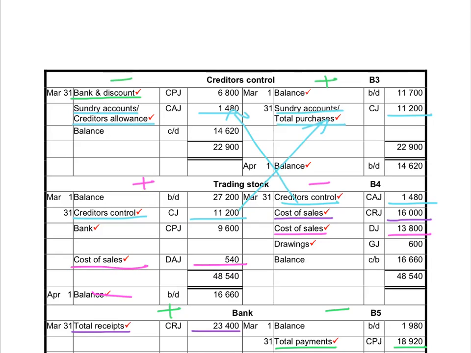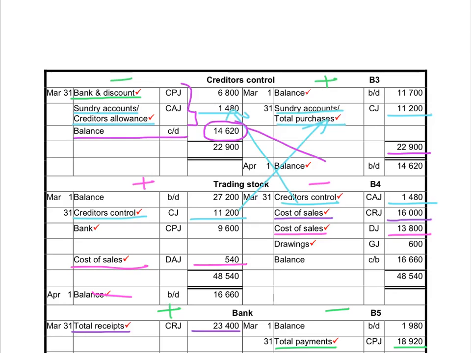Creditors is a liability. Liabilities always have credit balances. So therefore we will add up the credit side first. Then we will subtract the amounts on the debit side, work out what is the difference between the debit and credit side, and the difference between the two sides is my balance carried down above the total.